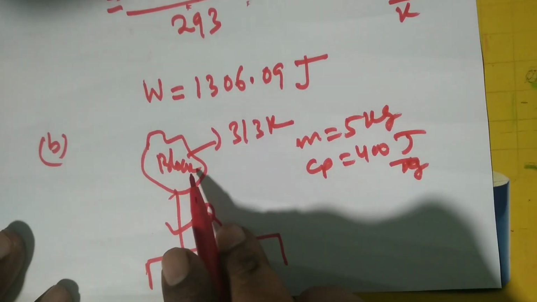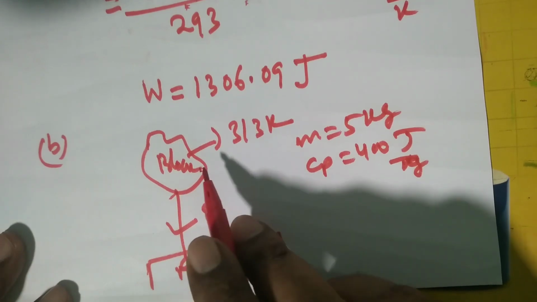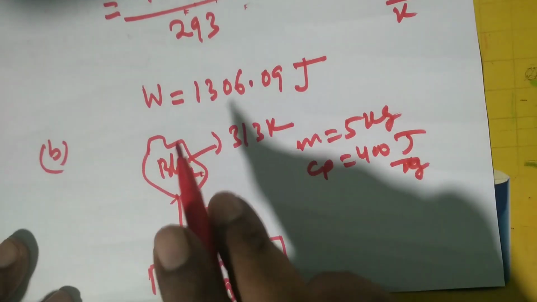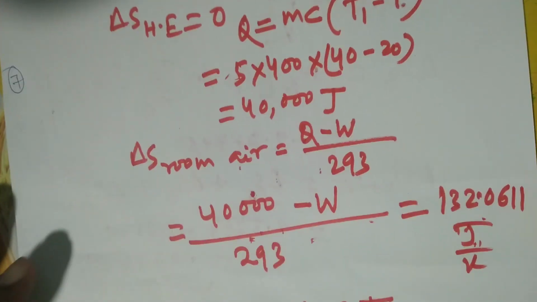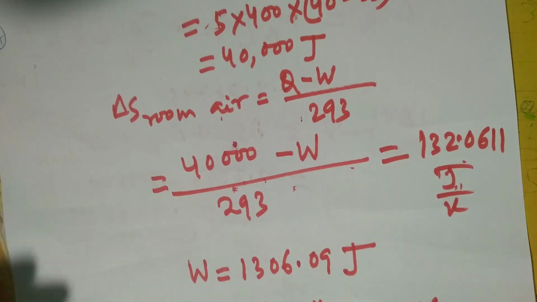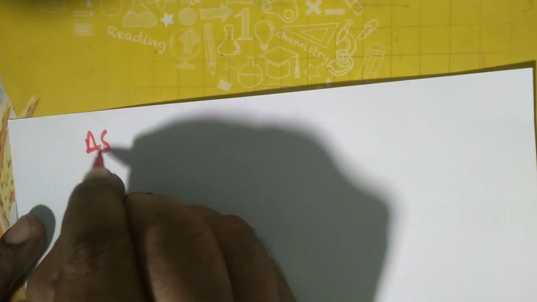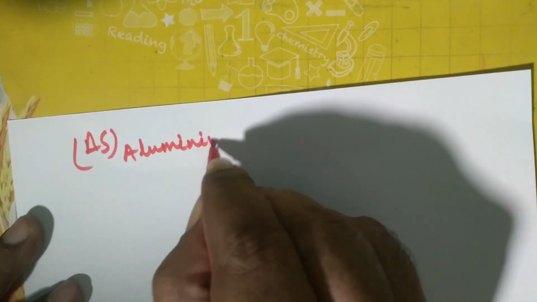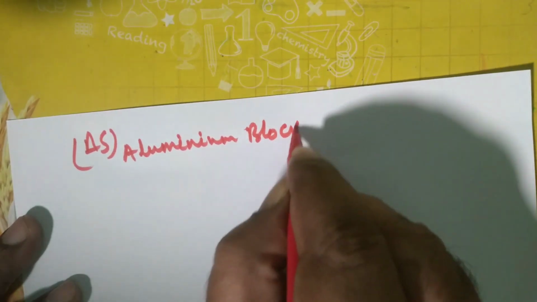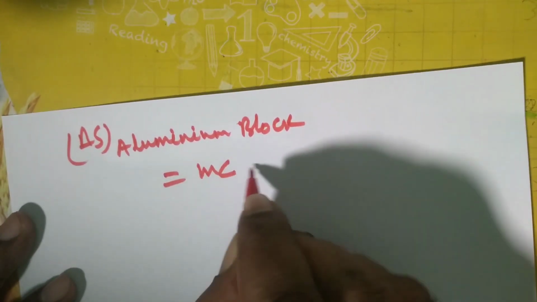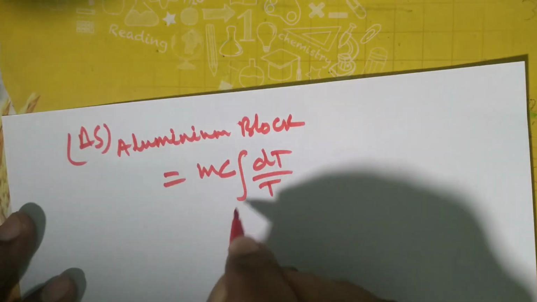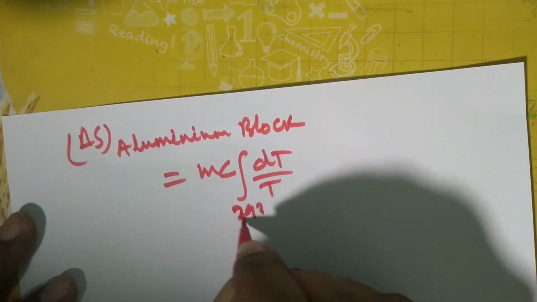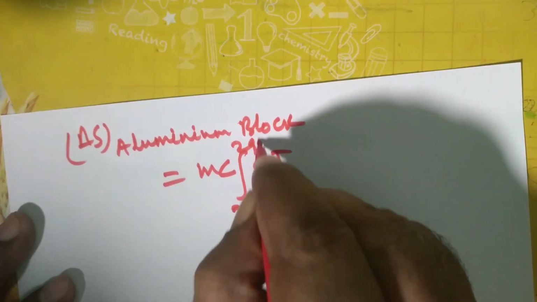As far as the change in entropy of the block is concerned, this will be the same as it was in the first part, because the same change in temperature is there; the temperature drops from 40 to 20 degrees Celsius. So delta S of aluminum block will be the same as it was in part A. This is equal to the integral of mc dT upon T, and the limit is from 313 to 293.